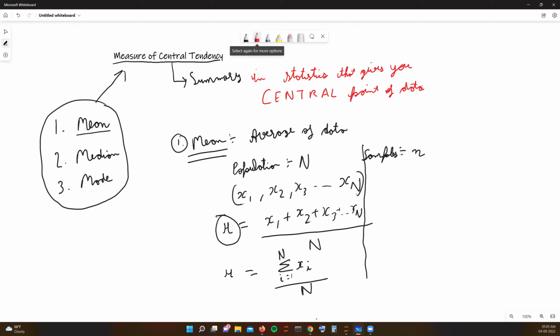Mean is nothing but the average of the data. I will highlight this particular formula so that it will be easy for you to remember.